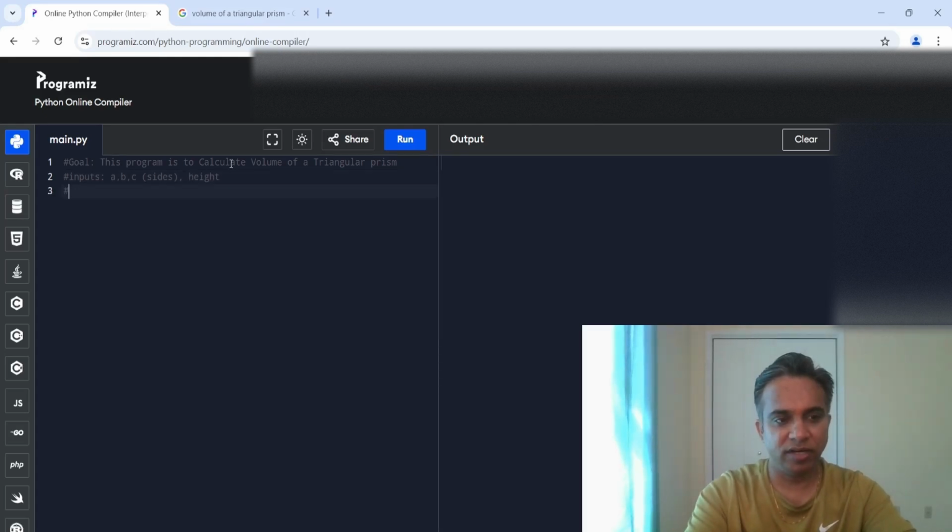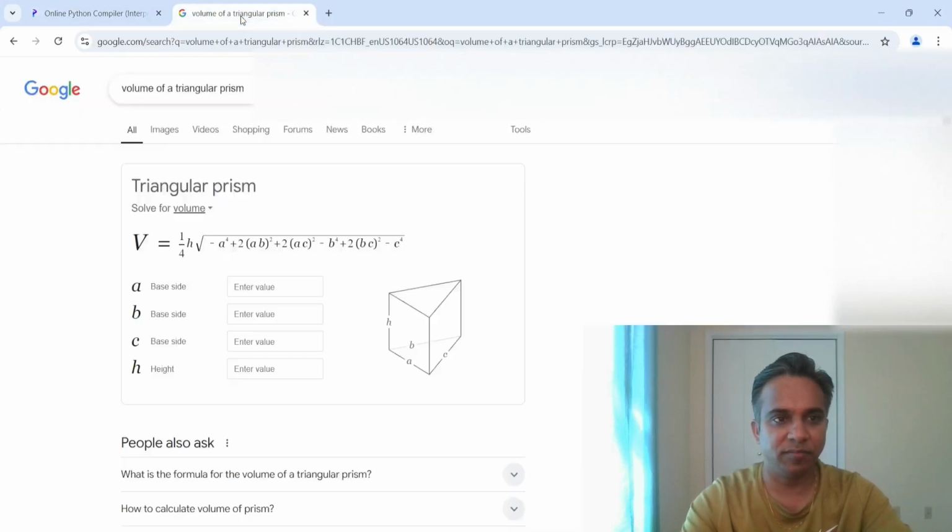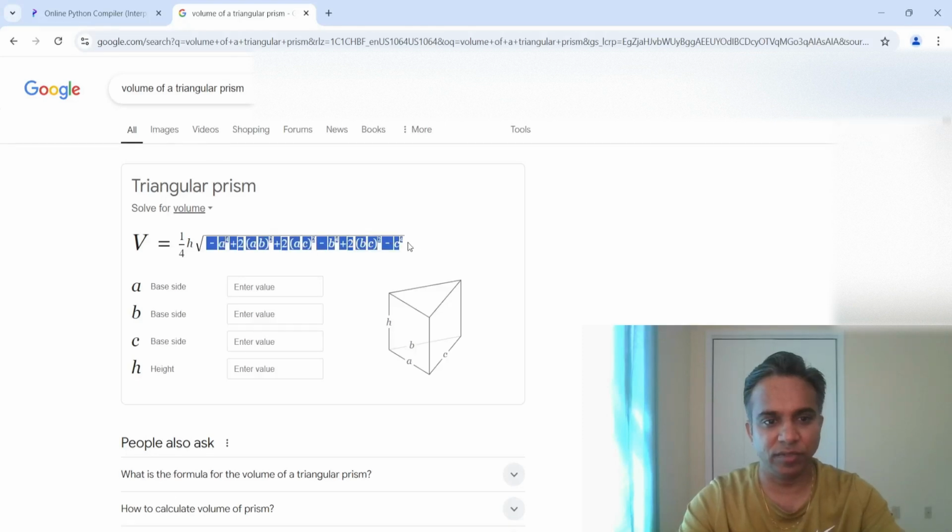What is going to be our equation? The equation is one by four multiplied by height and then the square root of a complete equation. Let us just paste it if we can get the equation.